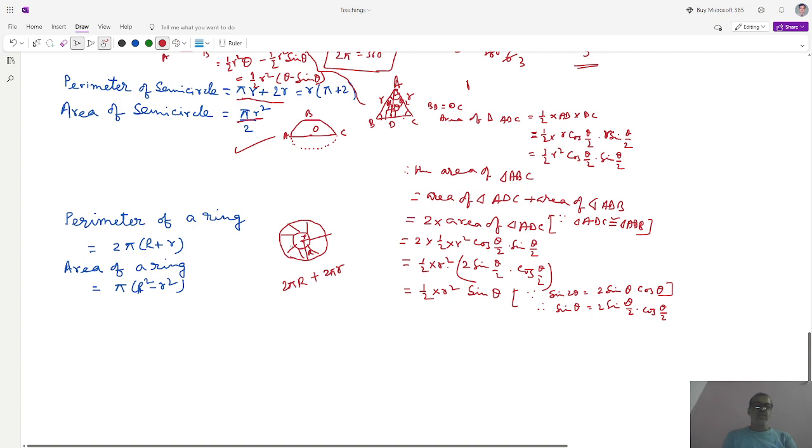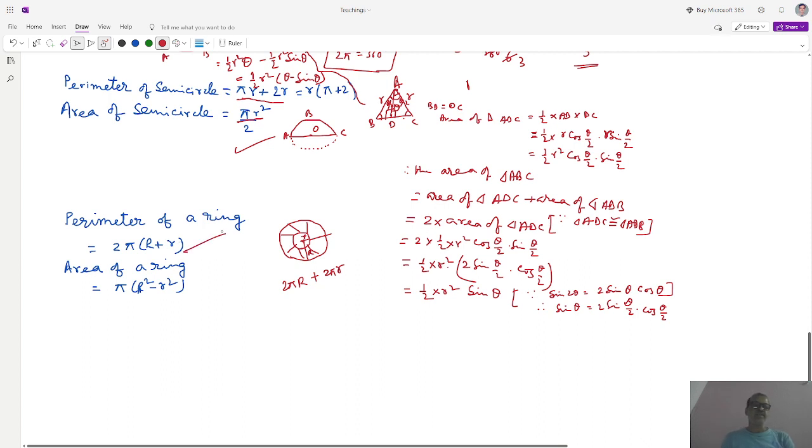So the inner circumference is 2 pi small r and the outer circumference is 2 pi capital R. Therefore, the perimeter of the ring will be 2 pi capital R plus 2 pi small r. If we take common 2 pi from these two terms, then we will get 2 pi into R plus r. Right?